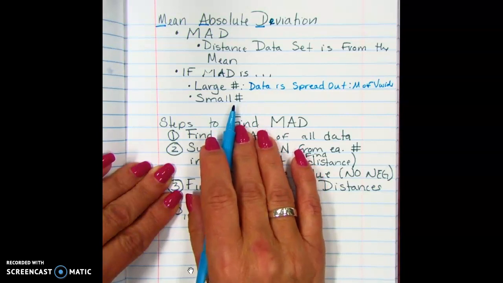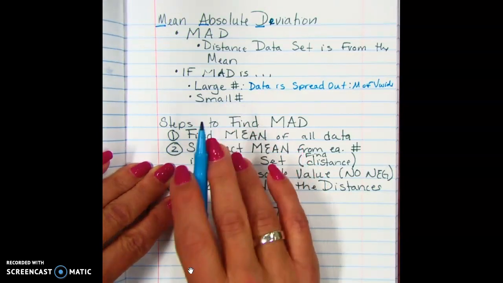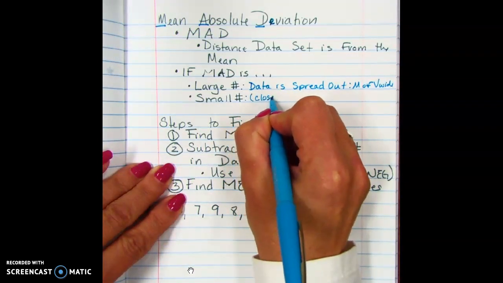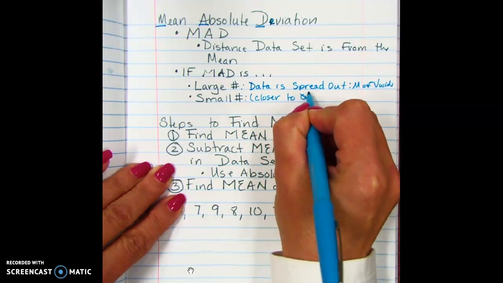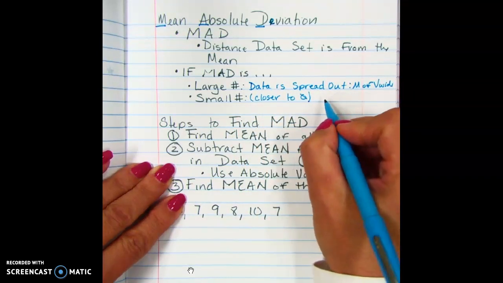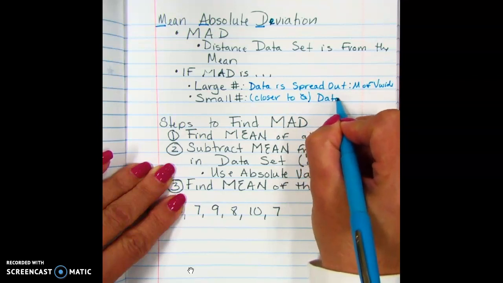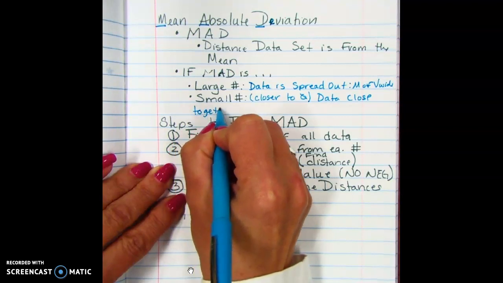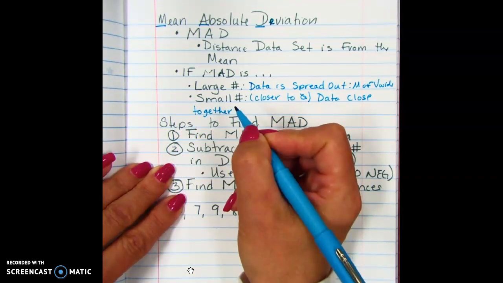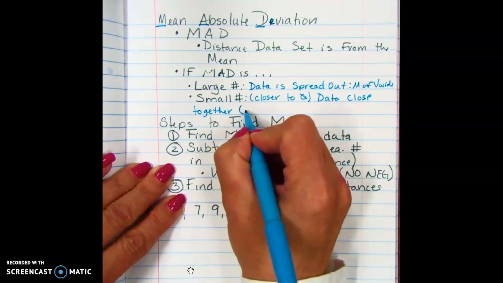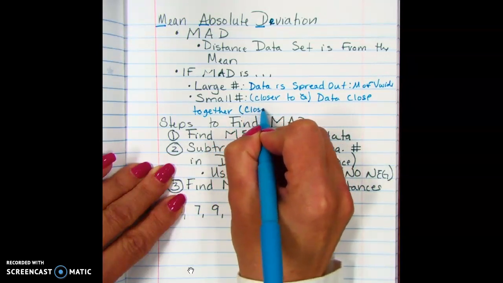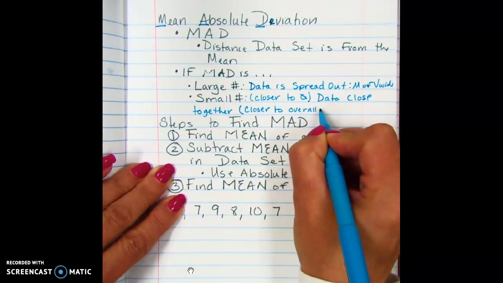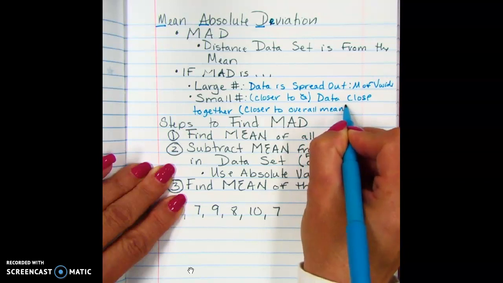Conversely, if your MAD is small, closer to 0, your data is close together, which means that it's closer to the overall mean. So it's not very spread apart.